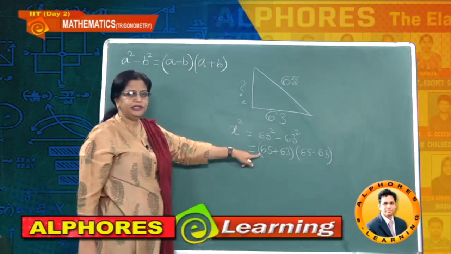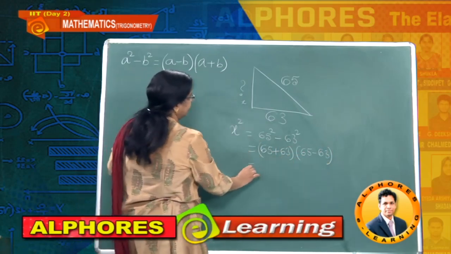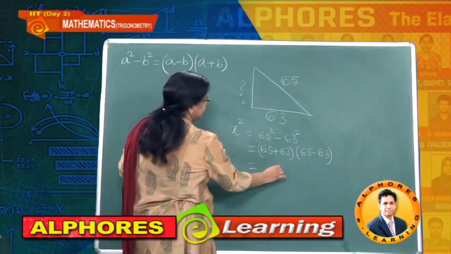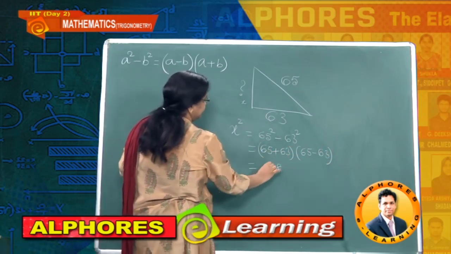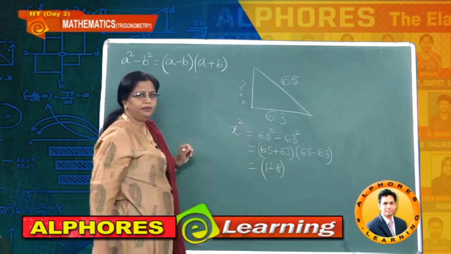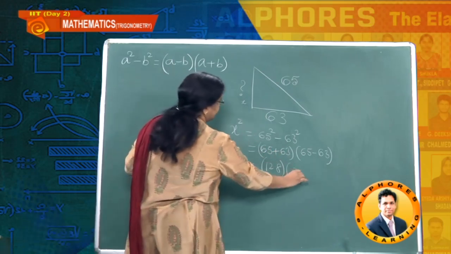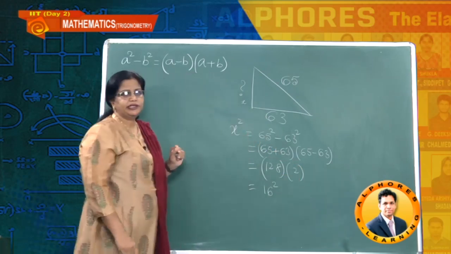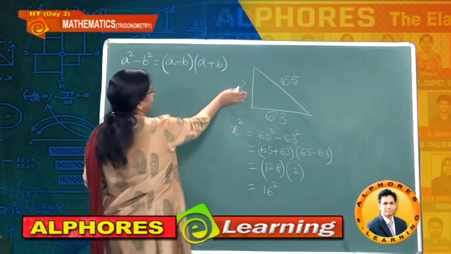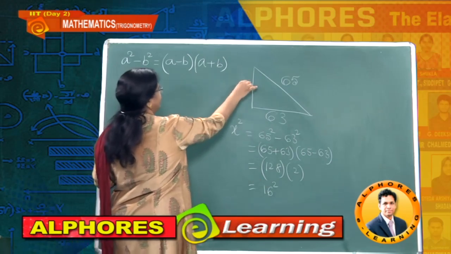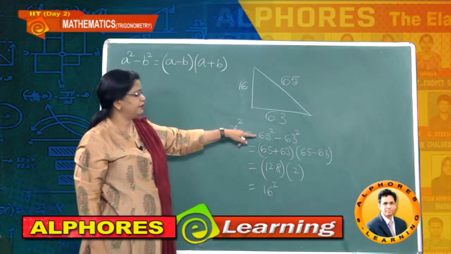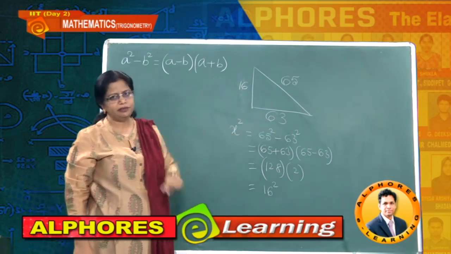So 65 plus 63 is 128 and 65 minus 63 is 2, and you know 256 is nothing but 16 square, hence directly you can write this value as 16. So this is the advantage of the formula a square minus b square.